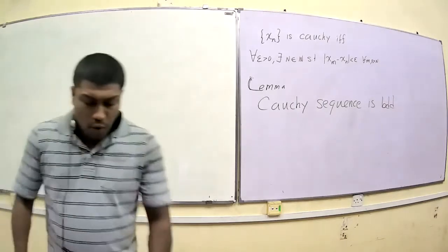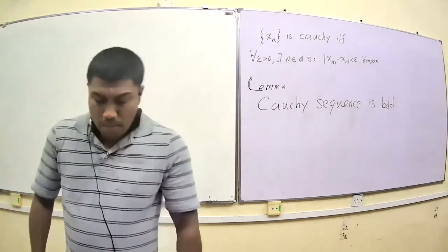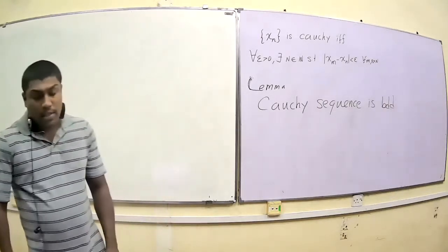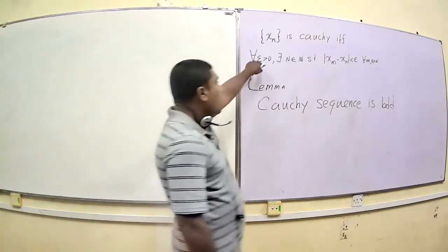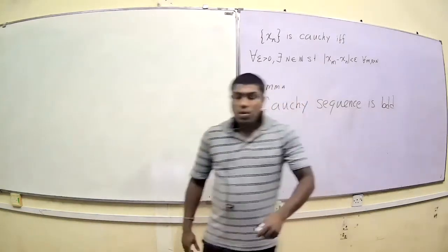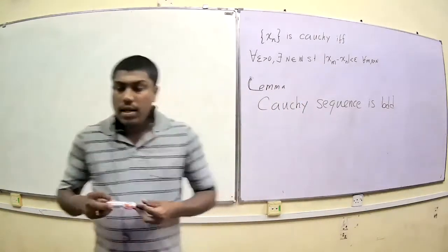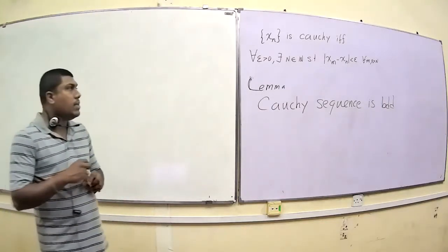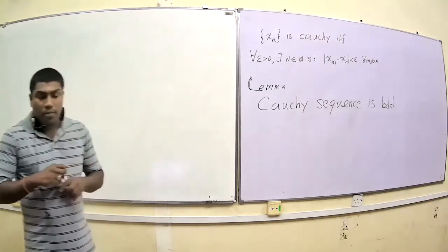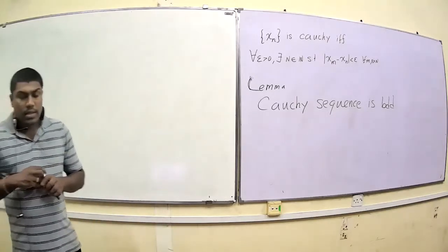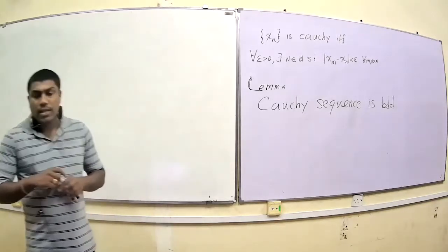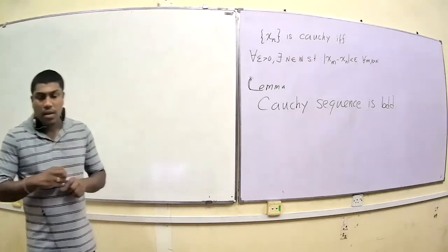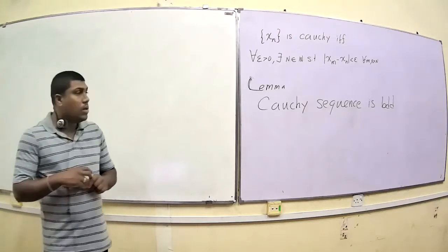So you want to prove that every Cauchy sequence is bounded. If xn is Cauchy, then this definition is true: for every epsilon positive, there exists N belonging to natural numbers such that the absolute value of xm minus xn is less than epsilon. This is the standard definition for the Cauchy sequence.